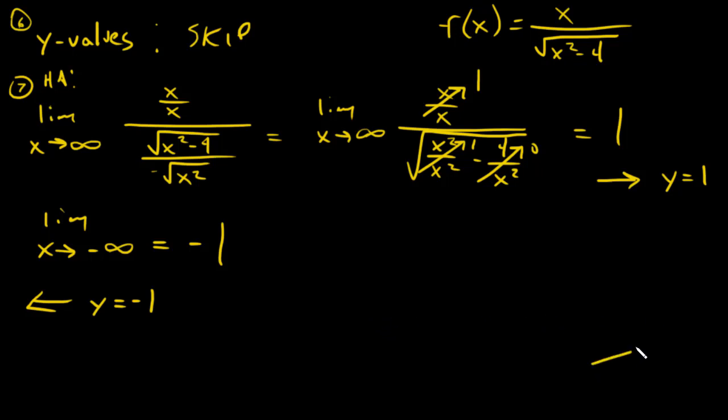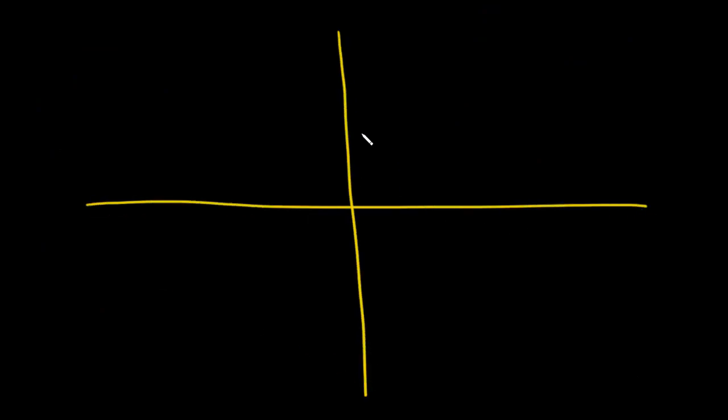So clear this, do a sketch. So here we go. Okay, I'll call this 1, 1, 2, 1, 2, negative 1. All right. So I know I've got vertical asymptotes at x equals negative 2 and x equals positive 2, assuming I can actually cross through the tick marks, which apparently I'm unable to do.